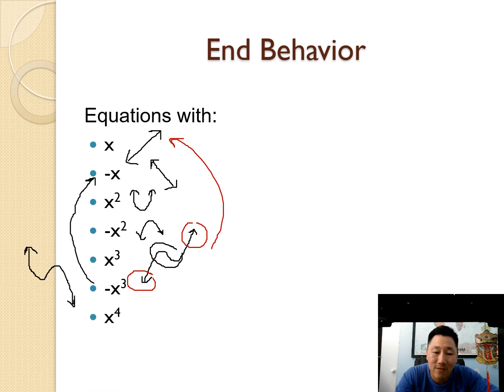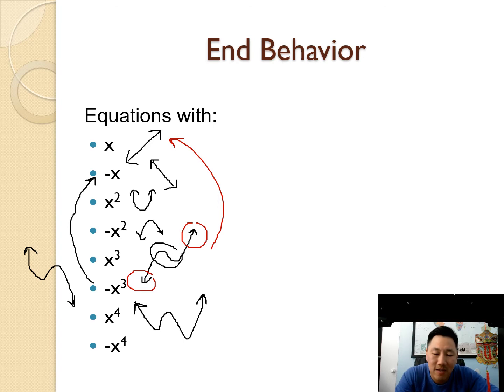What about x to the 4th power? It's going to look something like this. It matches up with the x squared because the left side goes up and the right side goes up.